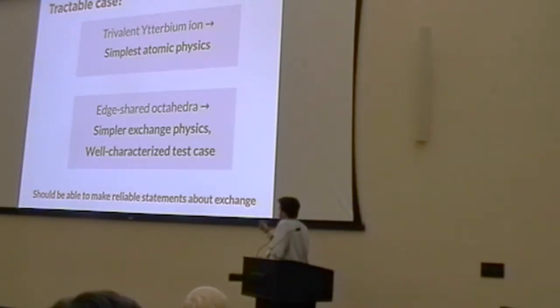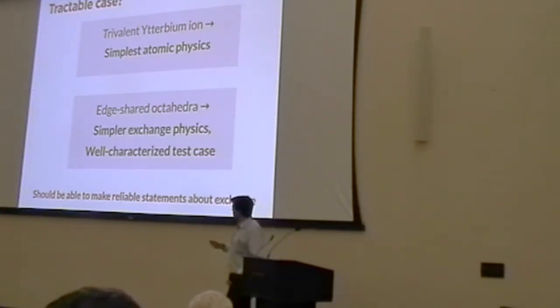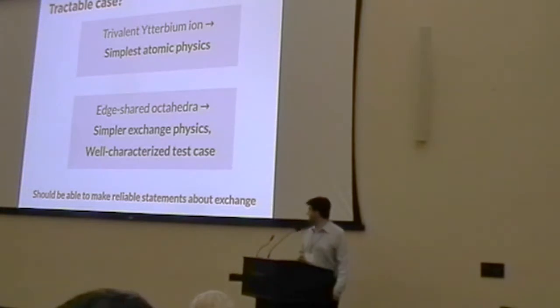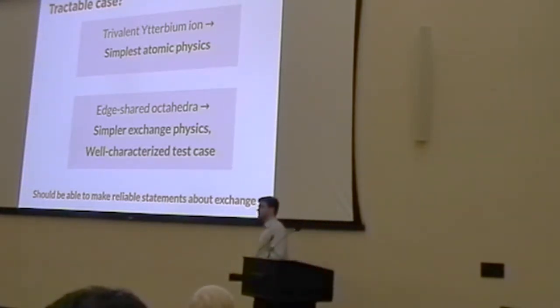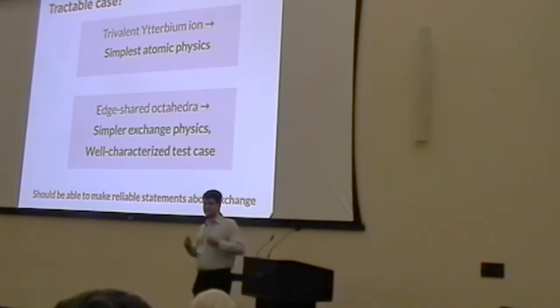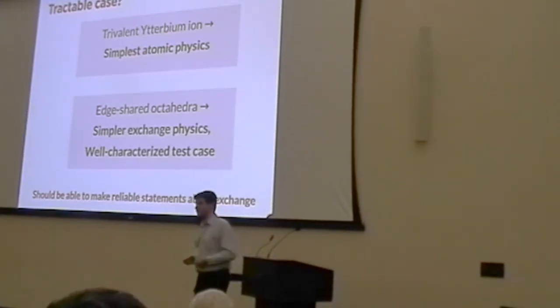So I'm focused on trivalent ytterbium. This is the simplest atomic physics of rare earths, and we'll focus on magnets where this ytterbium ion sits in octahedra that share edges, just like these heavy transition metal magnets. So this ends up having similar exchange physics. It also affords us a well-characterized test case to make sure that everything I'm saying theoretically actually has some bearing on the real world.